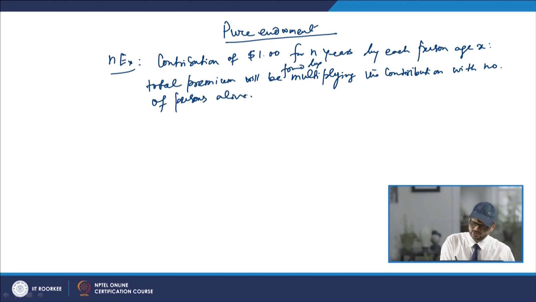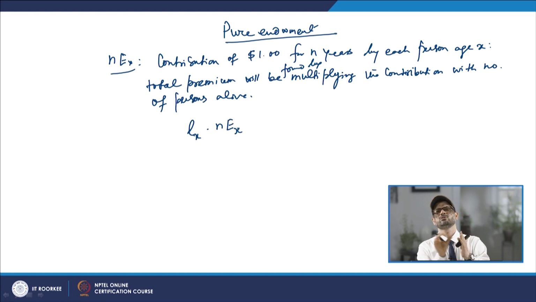The number of persons alive at any age is, as we know from the table, under the column lx. If you are discounting to age x, and receiving at x plus n, then you get lx into nEx.